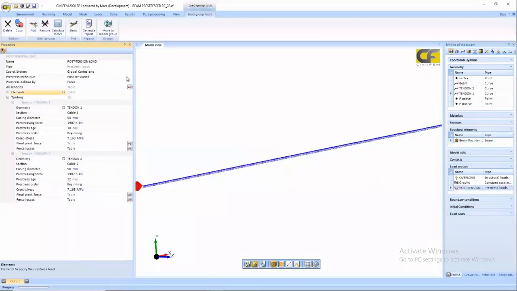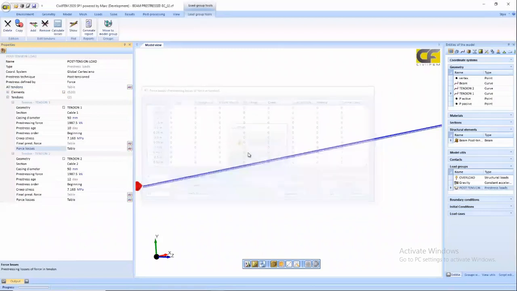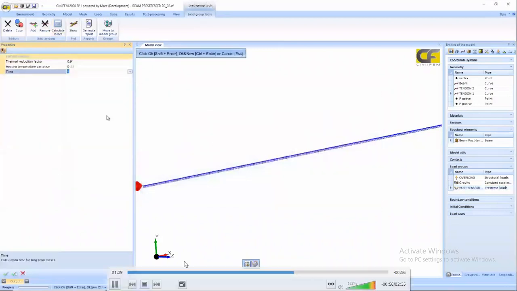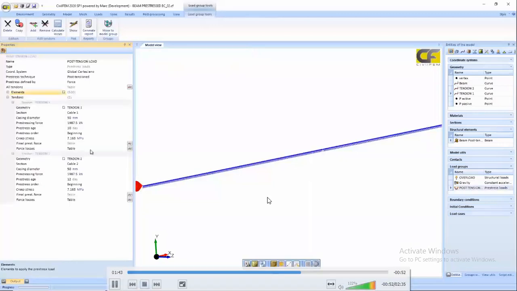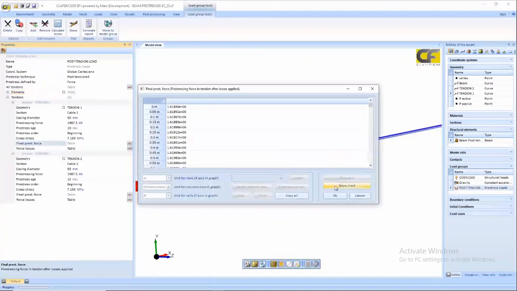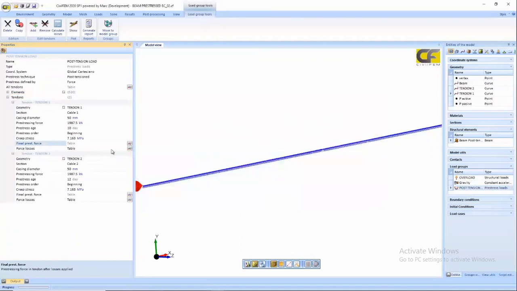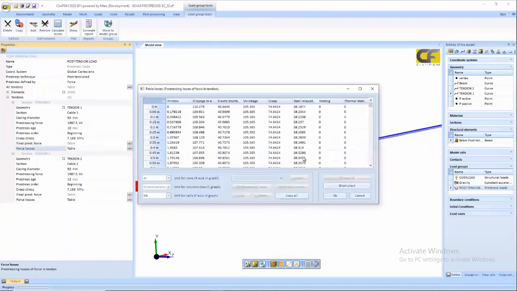You have many options here. In case you are going to study a full pre-stressing, you can calculate losses, long-term and short-term losses, and you can check here both the stress, the forces, and the different.